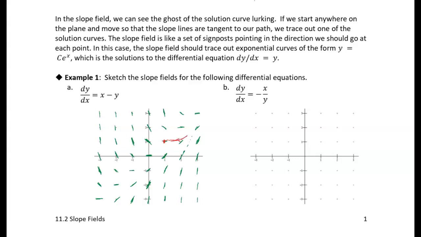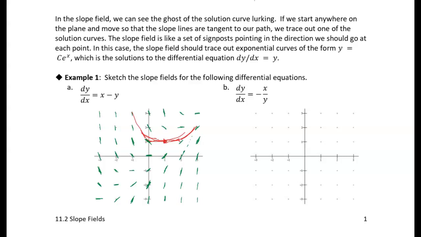So I think my solution is kind of going like this. If I want to go the other way, so I'm coming over here, remember the slope was 0 here, it's pointing me over here, and then that's pointing me up here. So my solution probably looks something like this for that particular initial condition.